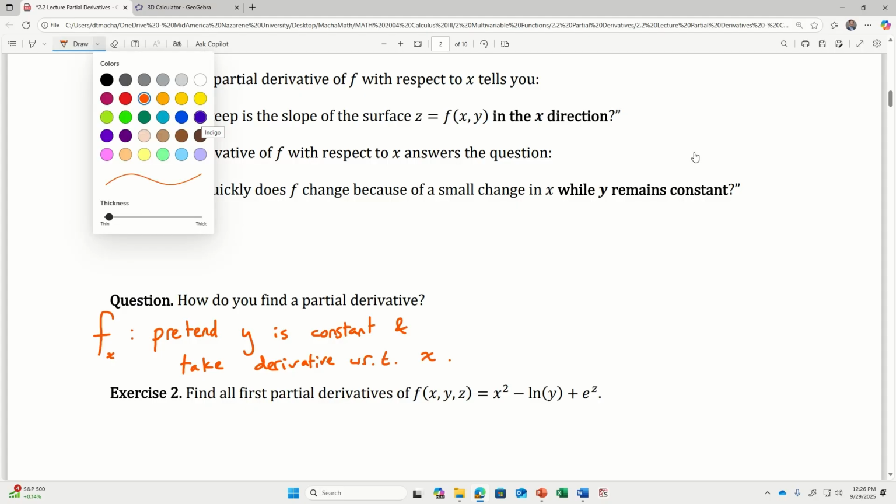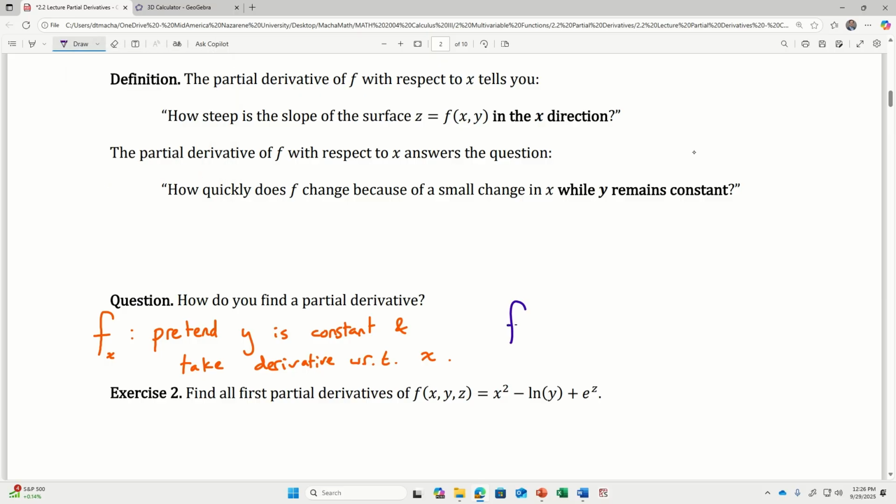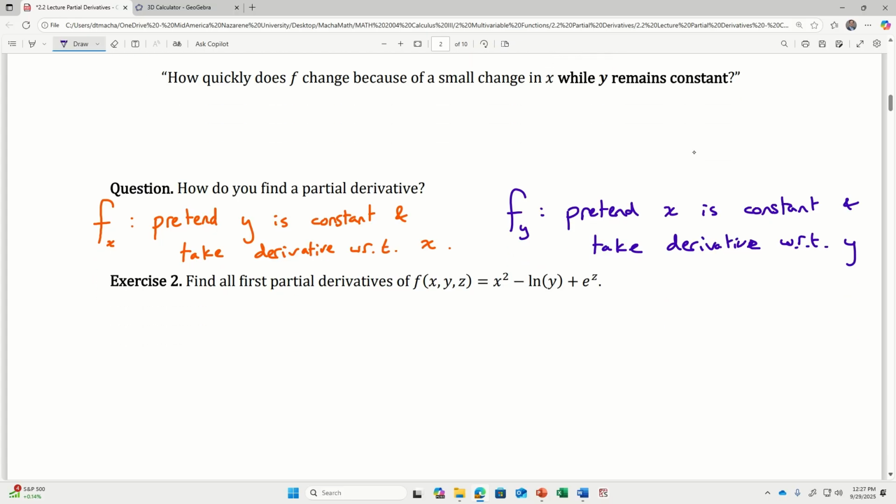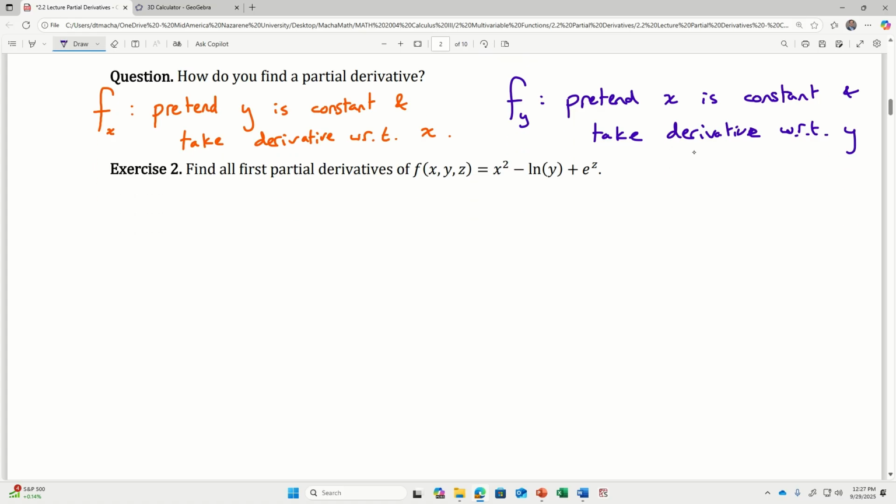And if you want to take the partial with respect to y, pretend x is constant, and take a derivative with respect to y. So don't be intimidated at all by partial derivatives, because you already know all the skills.